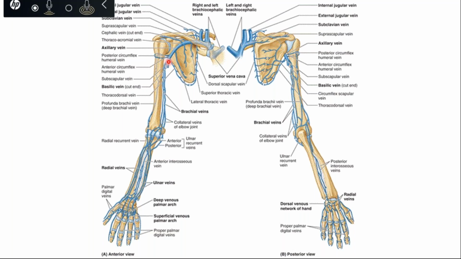From the axillary vein it goes until the outer border of the first rib, beyond which it is called the subclavian vein.